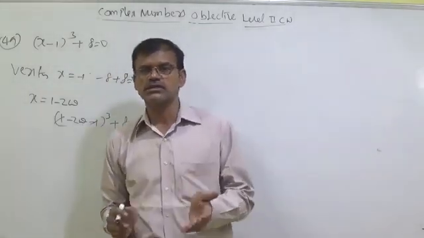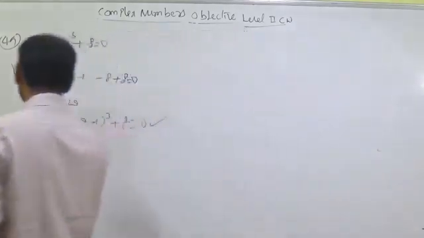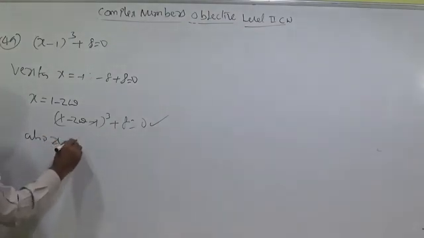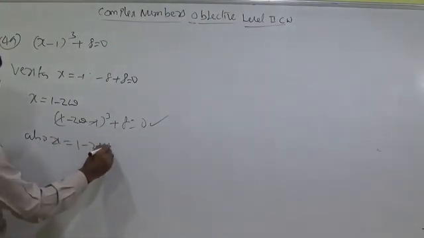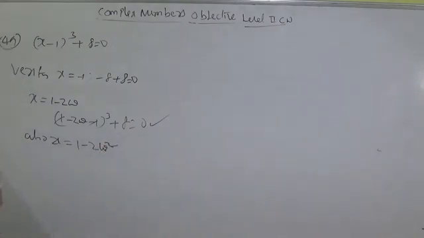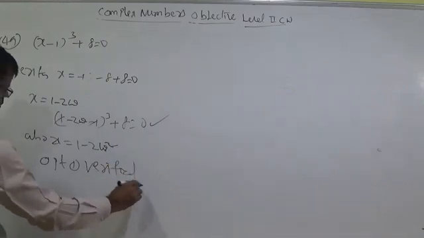Minus 2 cube becomes minus 8, so minus 8 into 1 plus 8 is 0. So 1 minus 2 omega is a root. In a similar way, x is equal to 1 minus 2 omega square also. Option 1 verified.